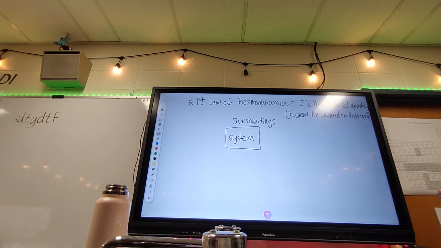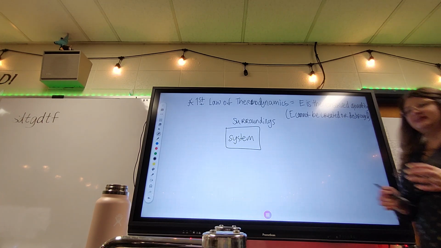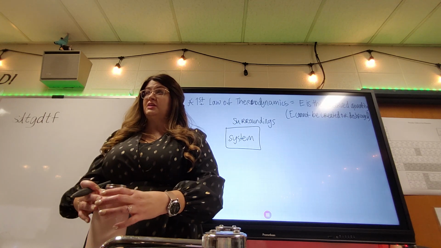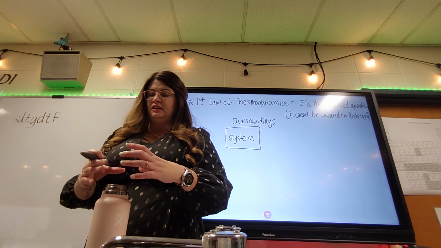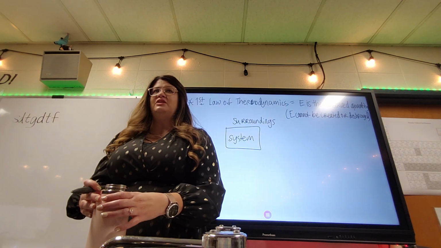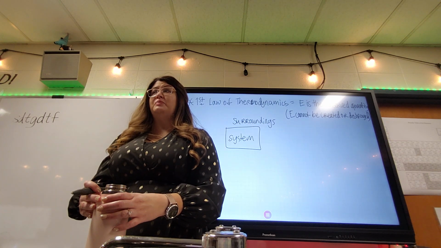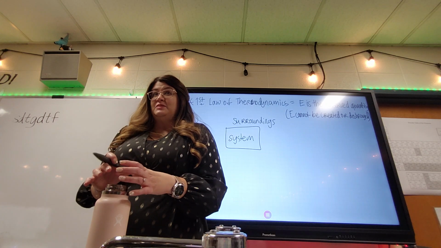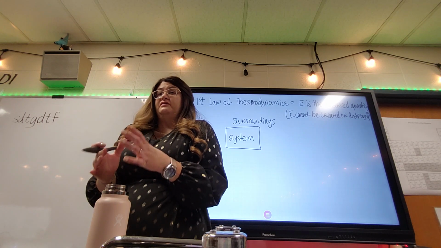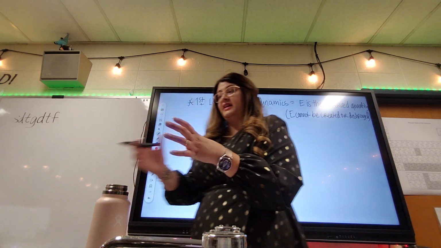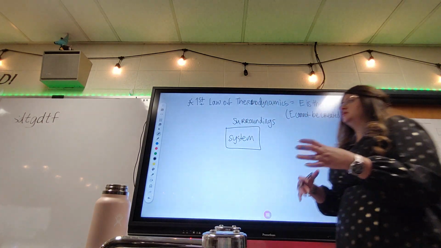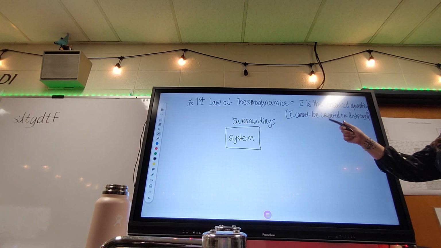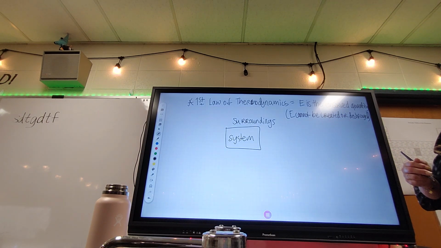If you say that the system and the surroundings is your thermos, then you have to account for the fact that energy will be lost, because this is not going to be able to hold in all of that heat or prevent heat from coming in if it's cold for all of time. So defining your system and your surroundings becomes a critical thing.